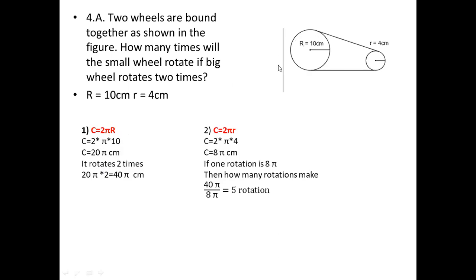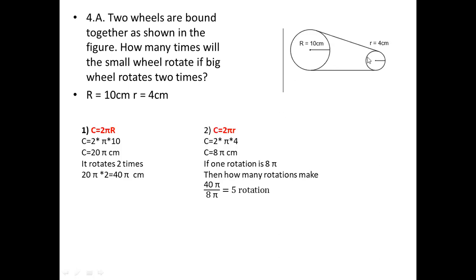In one rotation it makes 20 pi. The big wheel rotates 2 times, twice, so if you multiply by 2, it is 40 pi centimeters. When this wheel rotates twice, it makes 40 pi. At the same time, how many rotations will the small wheel make? C is equal to 2 pi r.